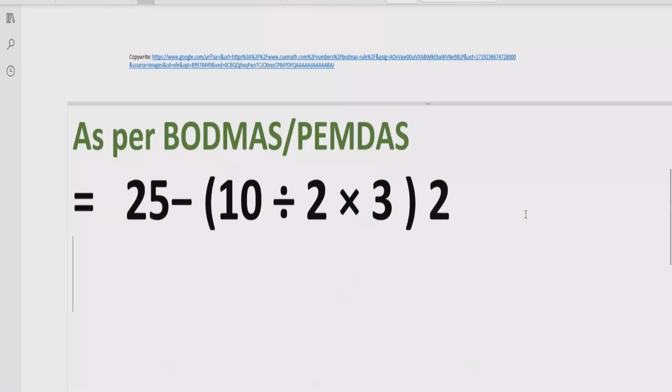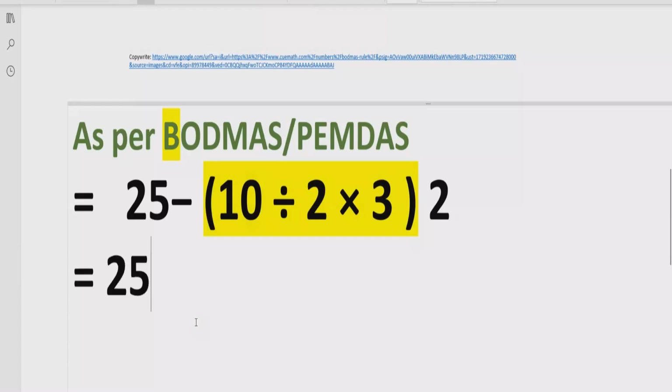According to the BODMAS and PEMDAS rule, first of all, we have to solve the bracket. In our expression, we have this bracket, which is 10 divided by 2 multiplied by 3. So now we have to solve this one first.